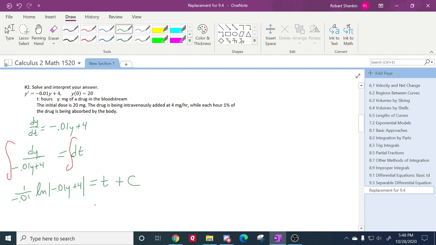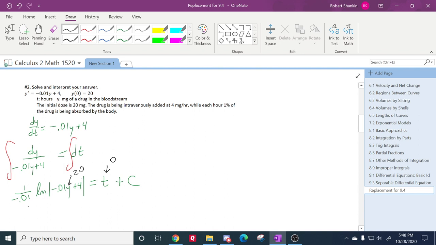Alright, so then I can find out what that c is at any point. I could plug it in right now and find out what that c is. In fact, I vary it. Sometimes I do it right away, sometimes not. So let's go ahead and just plug it in now. When the t is 0, the y is 20.